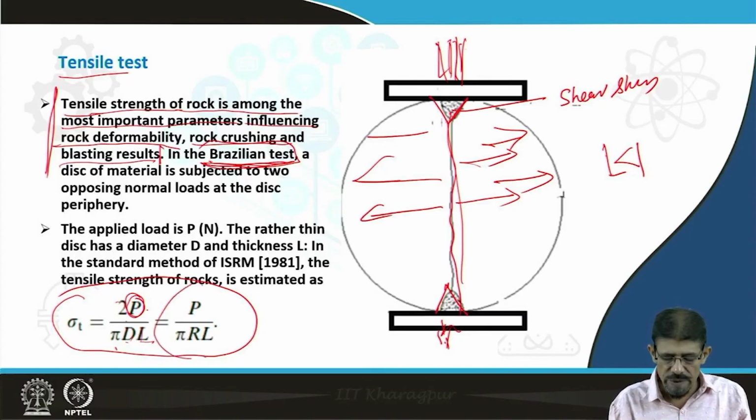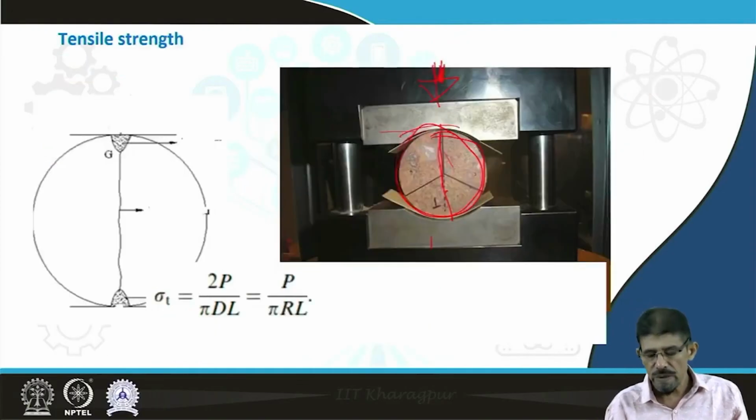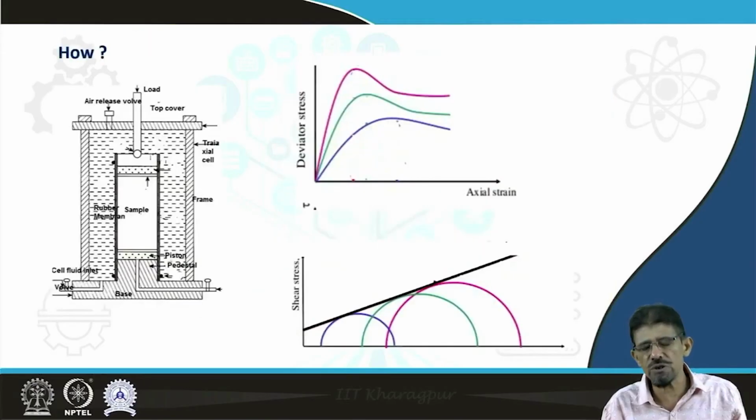So in this way we put the value of the load at which the sample started splitting, then pi as 22 by 7 or 3.14, whatever value you like, and then you can utilize D or R and then L, and you can easily calculate this. This type of system we recognize as the Brazilian test, and in this system we can easily determine tensile strength with minimum error. But this is an indirect method.